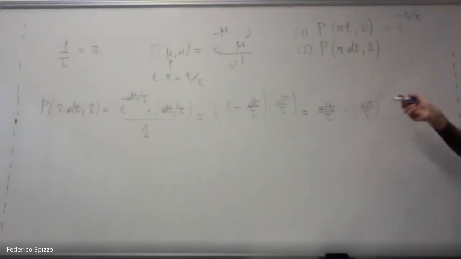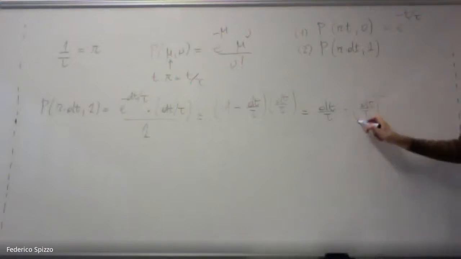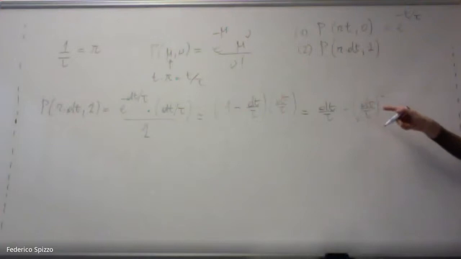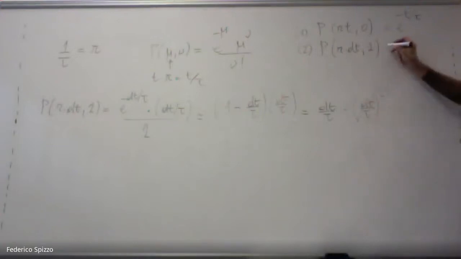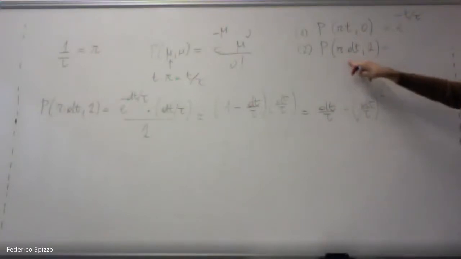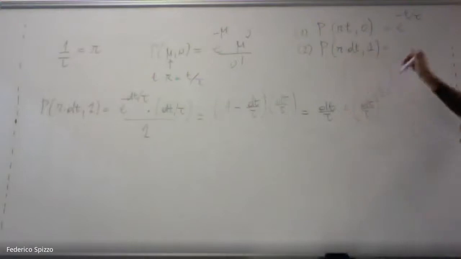So if we stop the calculation at the first order of approximation, we may neglect the second power of dt. So at the end, the probability to suffer a collision after a short amount of time equal to dt is equal to dt divided by tau.